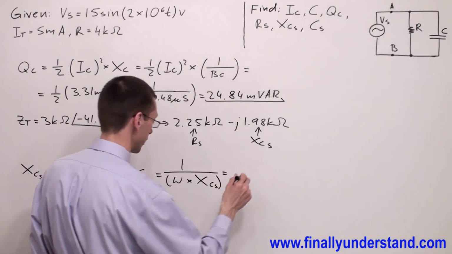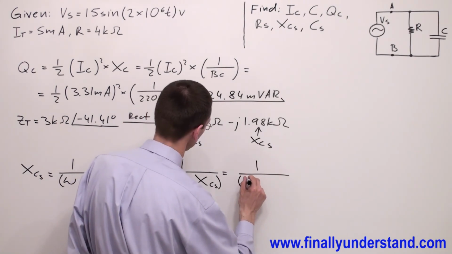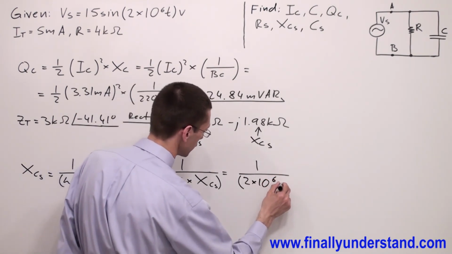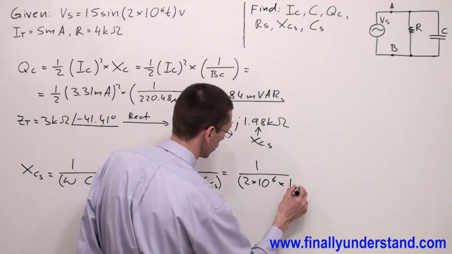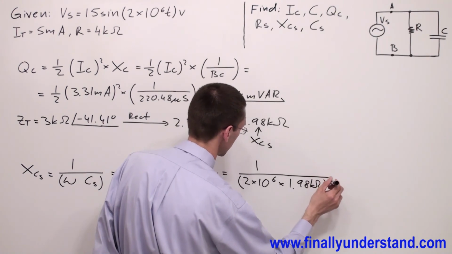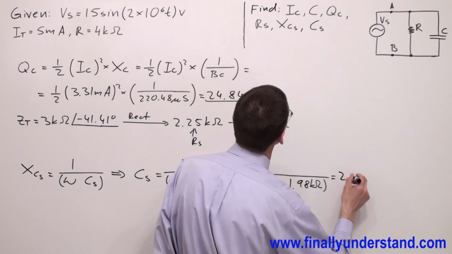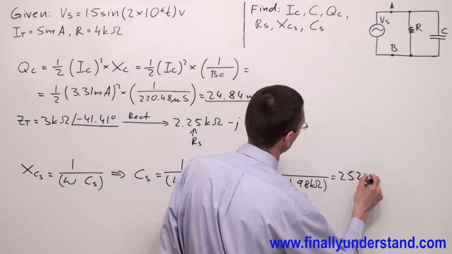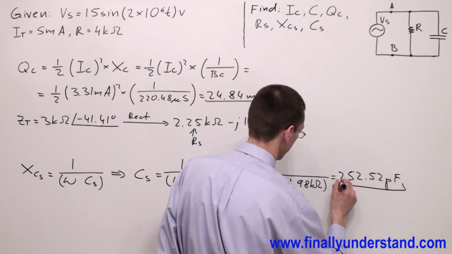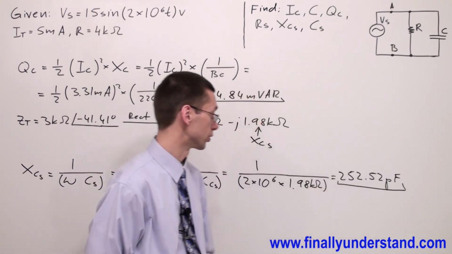This is equal to 1 divided by, open parenthesis, omega is equal to 2 times 10 to the 6th power times X of CS, which is equal to 1.98 kiloohms. This is equal to 252.52 picofarads. Okay, so this is the capacitance in my series equivalent circuit.